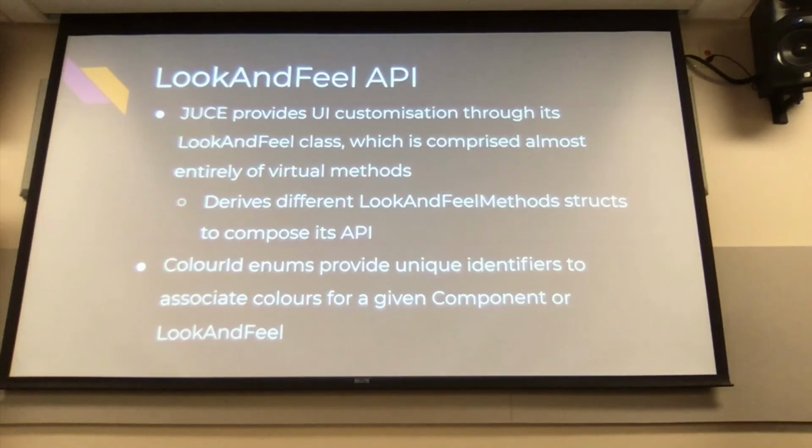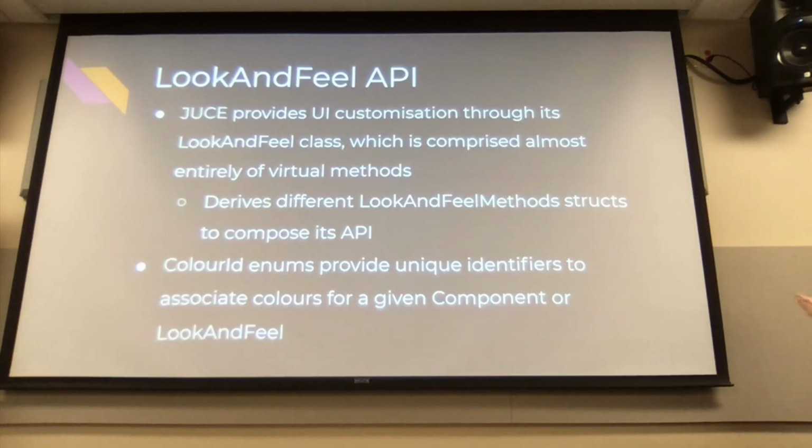All the look and feel class really is, is a struct that can hold some colors, like you can set a color specifically on a look and feel. But it also subclasses the look and feel methods that every single built-in widget has. If you go into the header file for JUCE's slider class, you'll see somewhere within there's a struct called look and feel methods, and it's just a bunch of virtual methods that say draw the slider background, draw the slider thumb, give me the font that I'm using for the slider.